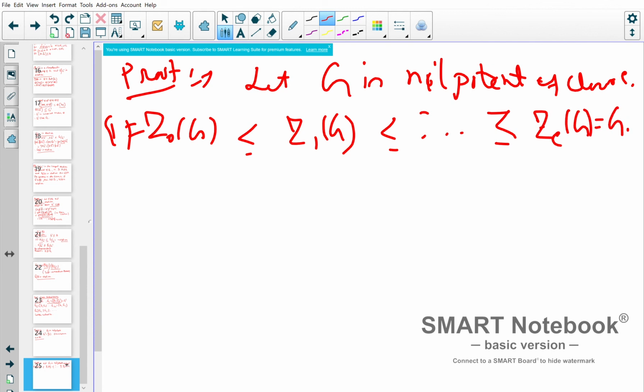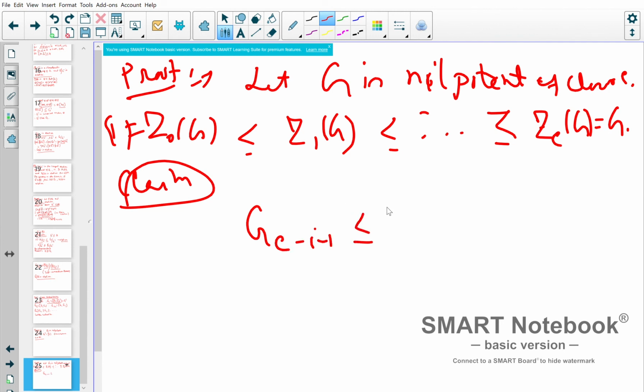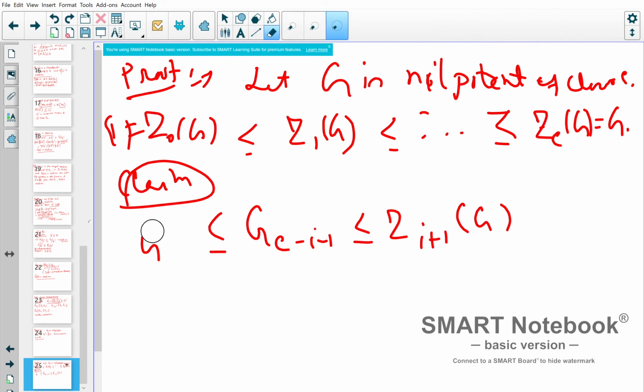Now we claim that for any such case you can always find that the lower central series term G(C minus i minus 1) will always be inside Z(i+1) of G, into Zi of G, the ith center and the (i+1)th center.